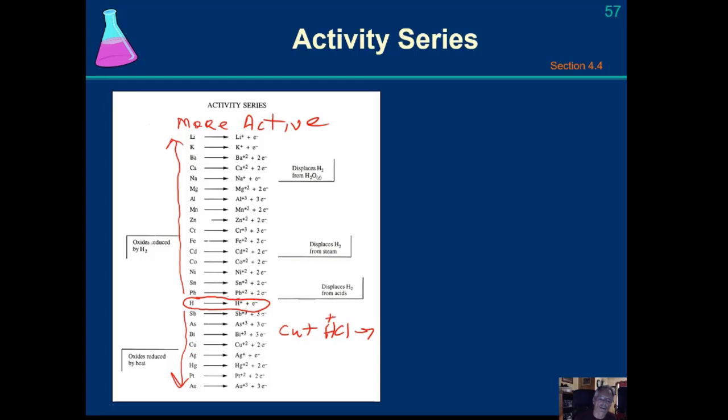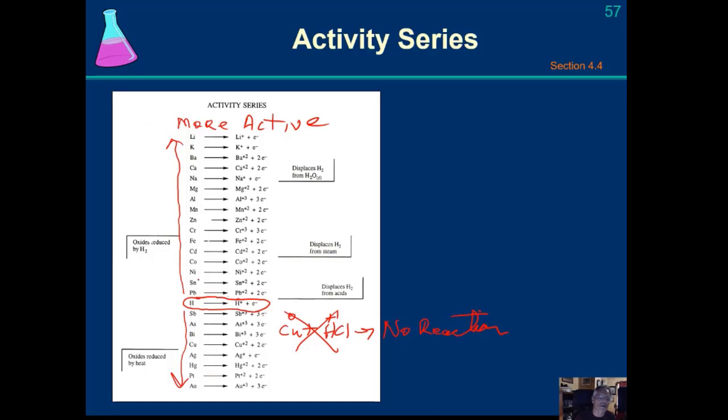Hydrogen's a +1, copper is a 0. This reaction will not occur. So you can take copper metal, throw it into hydrochloric acid, concentrated hydrochloric acid, and this reaction does not occur because copper is below hydrogen on the activity series.